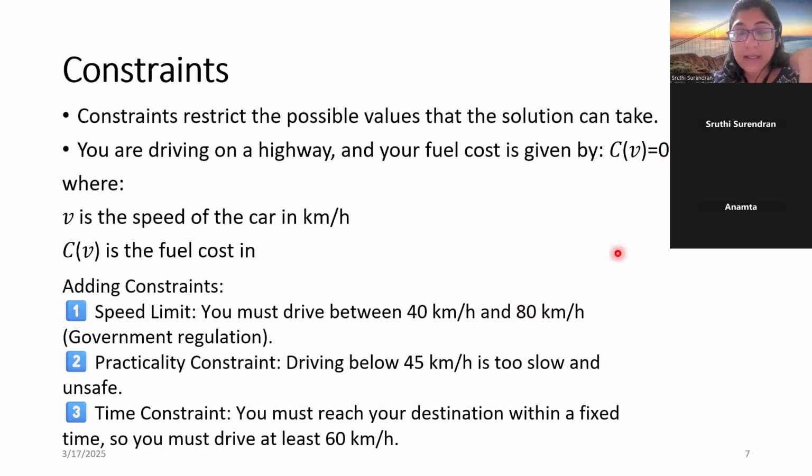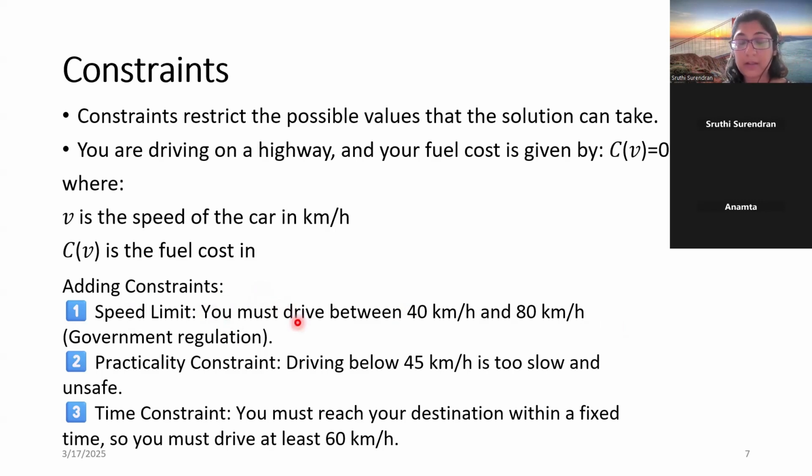If the most efficient speed is 85 kilometers per hour, then it is not a possible solution. And if the speed is say 35 kilometers per hour, then also it is not a possible solution, because the constraint we are required to follow in order to find the minimum cost is to keep the speed between 40 and 80.